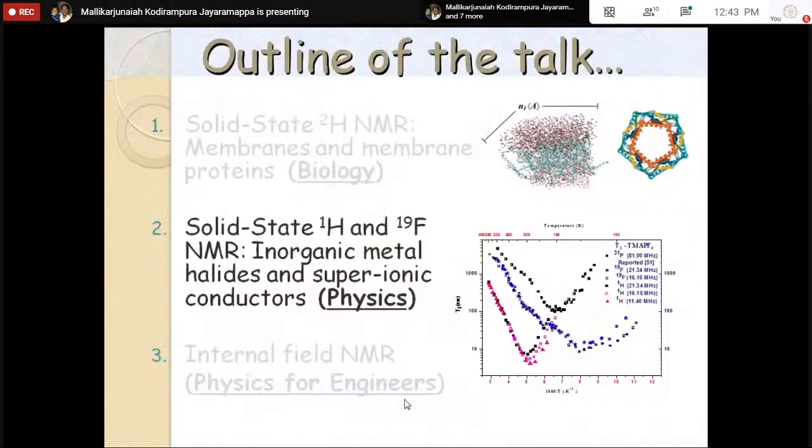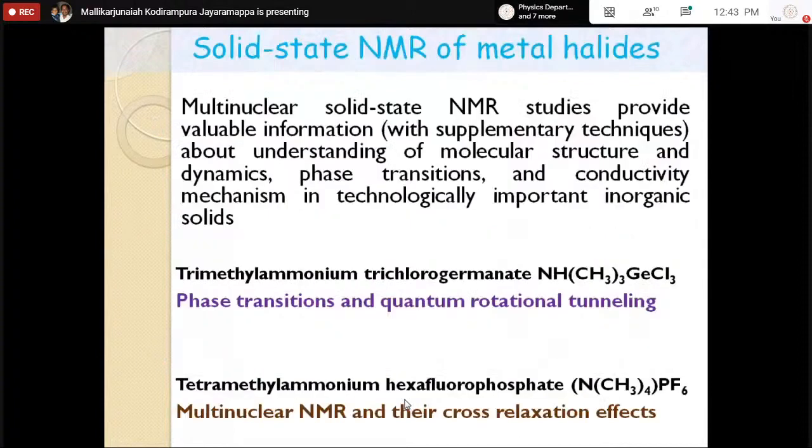Now we will get into a little bit of inorganic metal halides, and how solid state NMR can be applied. Here I have taken two examples. One is trimethyl ammonium germanium chloride, and this is tetramethyl ammonium hexafluorophosphate. This is a perovskite material, and there are more applications for this hexafluorophosphate.